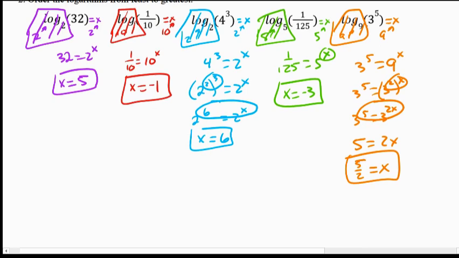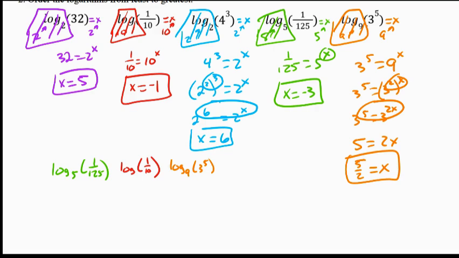And so if I look at all of these, what I can see is that the smallest one is -3, so log base 5 of 1 over 125, that's my first one. Then the second smallest would be -1, which is log base 10 of 1 over 10. Then my next smallest would be orange here at 5 halves, so that's log base 9 of 3 to the power of 5.